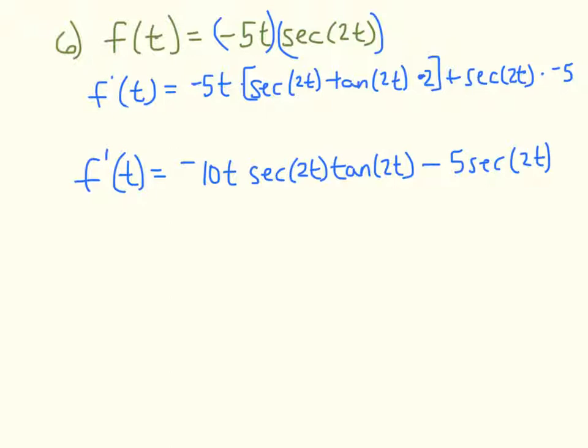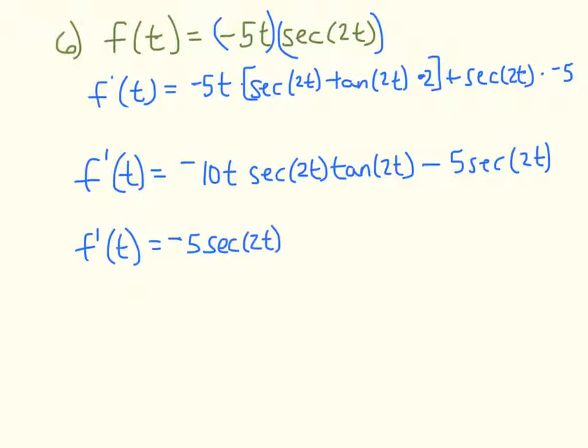Okay, hopefully you're recognizing that in fact we have some like terms. And again, this is more for multiple choice, to recognize if you have an answer and it doesn't look exactly like your choices, you might think about, did they factor something? So in fact, we could factor out a negative 5 and a secant 2t from both sides. So negative 5 secant 2t.